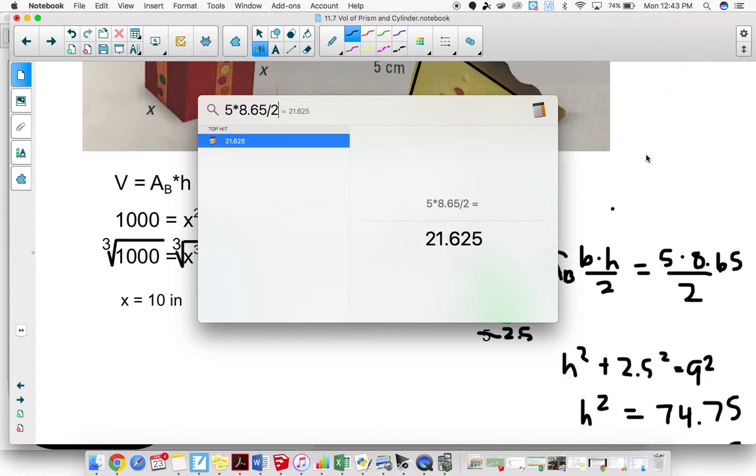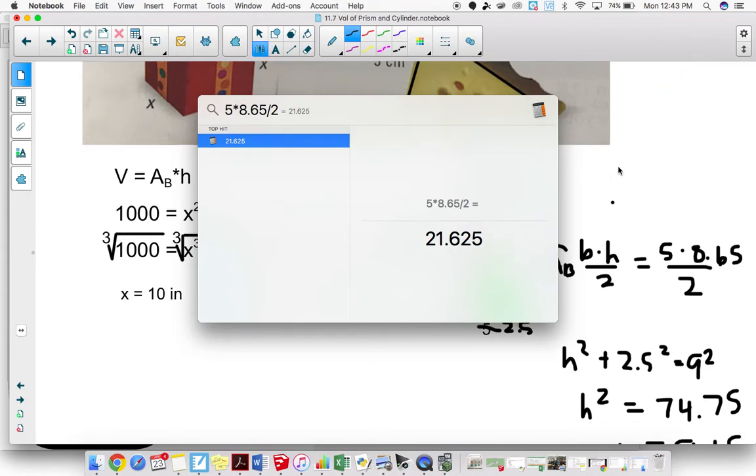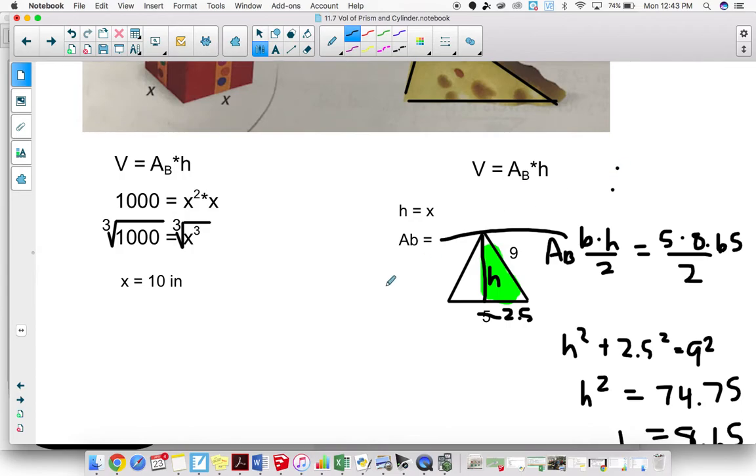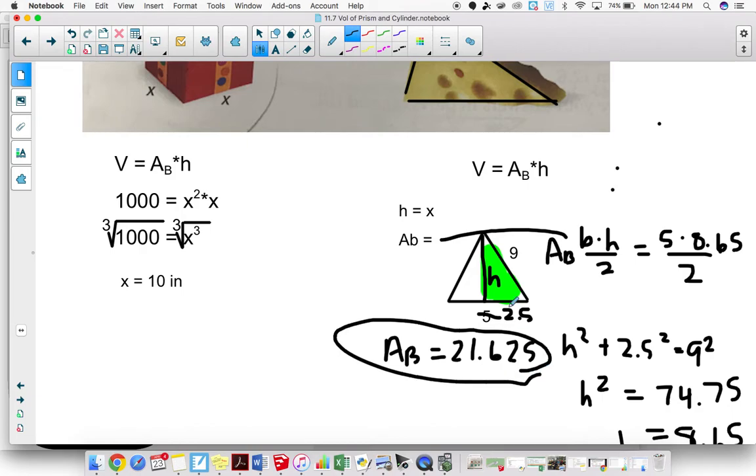So that triangle has a base area of 21.625. So area of the base was 21.625. All right, so we've got the area of the base.